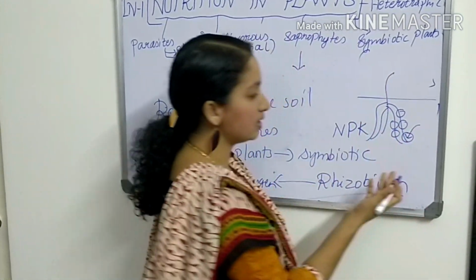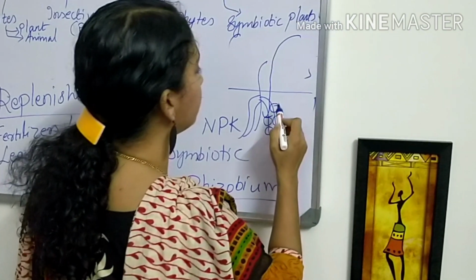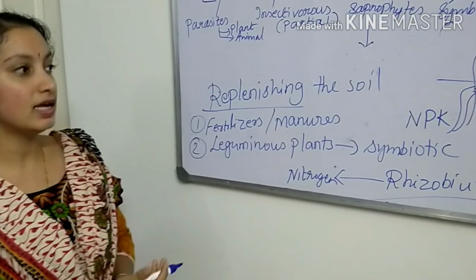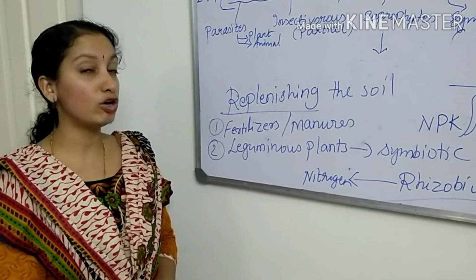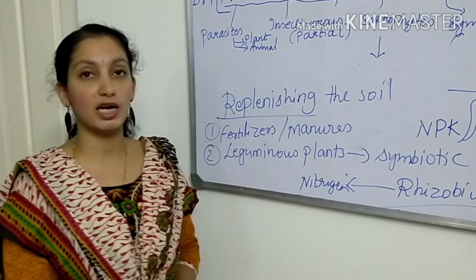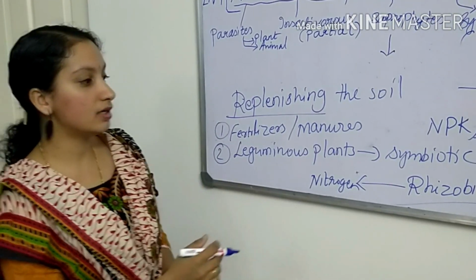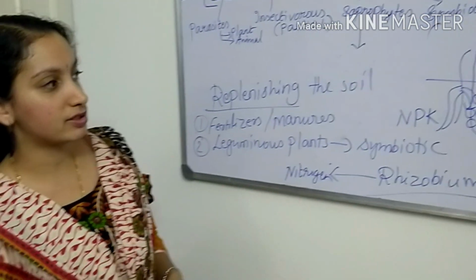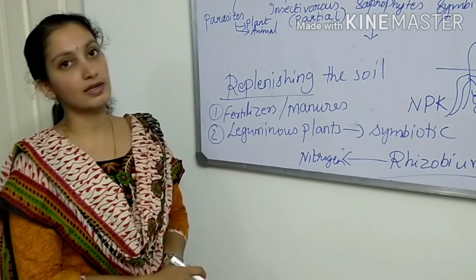So it depends on the rhizobium bacterium, which can take nitrogen directly from the air and change it to the form of nitrates in the soluble form and supply it to the plant root through water. In turn, the rhizobium is benefited by taking food from the plant. This is also an example for symbiotic relationship.